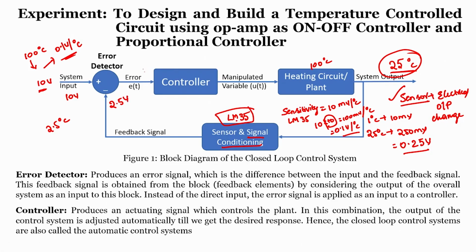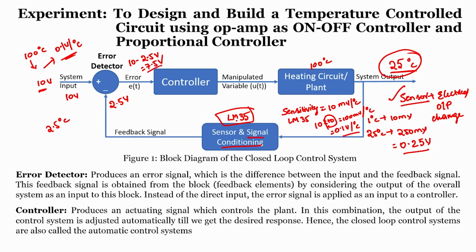When you recall what an error detector does, it takes the difference between the input and the feedback signal. So, 10 minus 2.5 is nothing but 7.5. So, the error signal is 7.5.